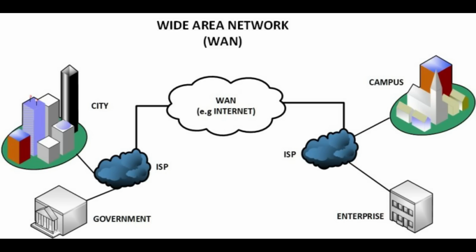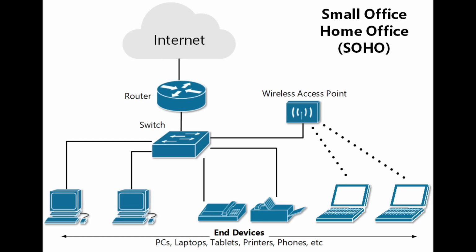The small office, home office is the SOHO networking topology. SOHO networking topology is generally used in small offices or home offices. For your reference, a typical SOHO networking topology has a laptop and router, internet and access point, switch and desktop.